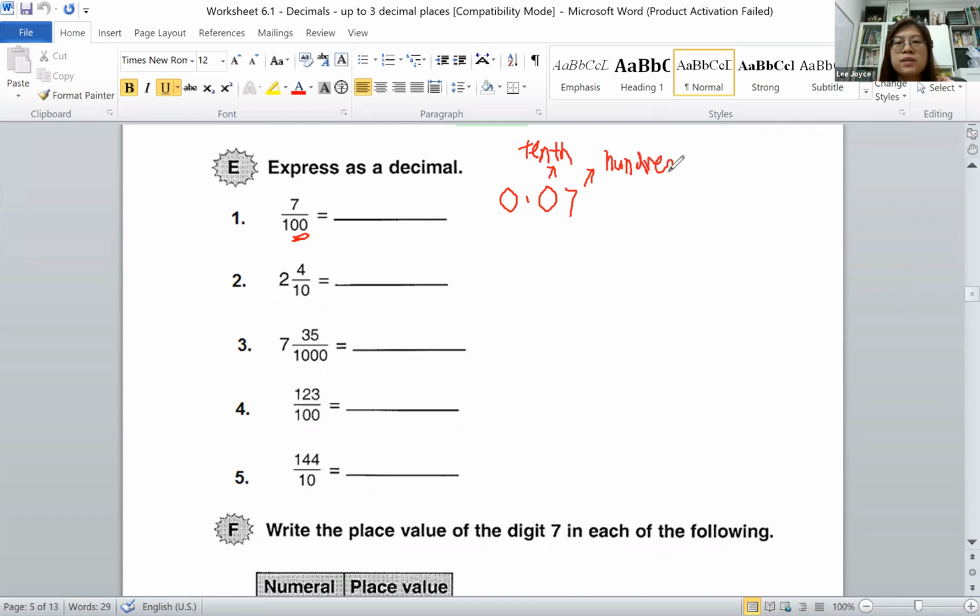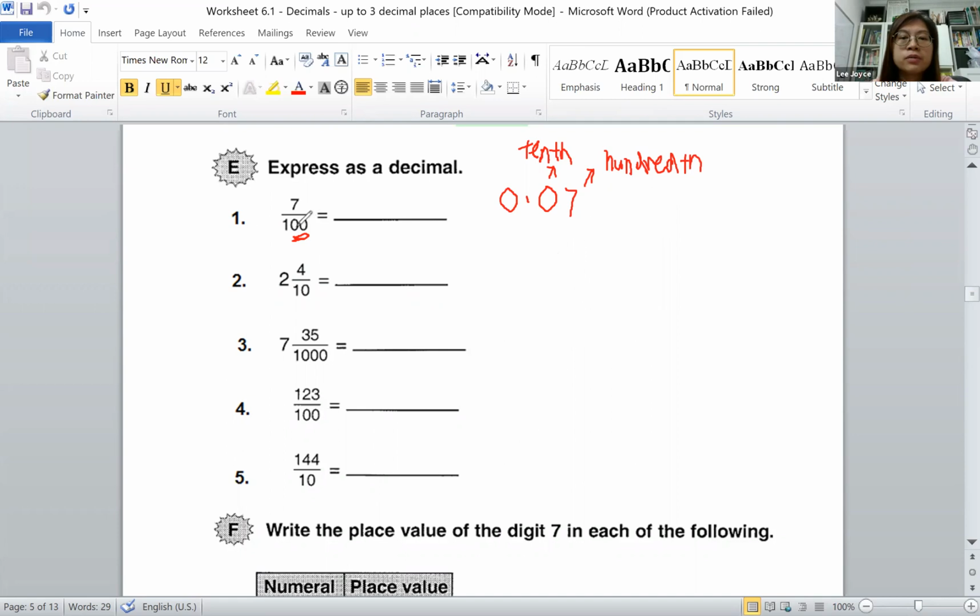If it's 10, it will be 1 decimal place, because tenth means 1 over 10, 1 out of the 10 parts. And this hundredth means 1 out of the 100 parts. So since we have 7 out of 100 parts, we must put the 7 in the hundredth place. Got it? So you just follow the number of zeros for the number of decimal places.